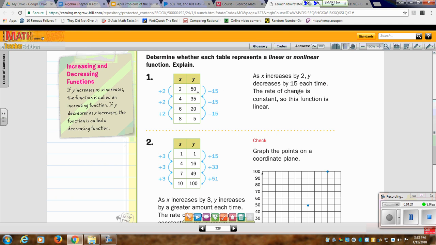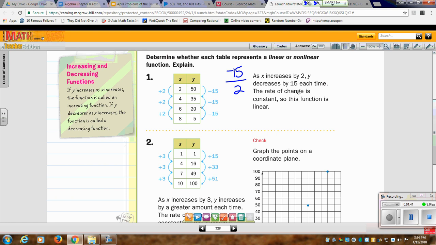Since our rate of change is constant on both sides, and you have to check both sides, we could decide that this is a rate of change of negative 15 over 2, decreasing by 15 over an increase of 2 each time. So this would represent a linear relationship.